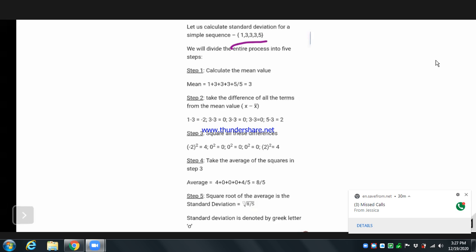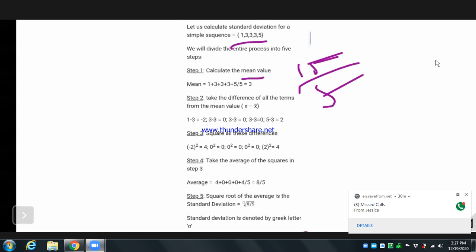So we follow these steps. First, calculate the mean. The formula for mean is sum of data divided by number of data. Here there are 5 values, so we add them and divide by 5. We get 15 by 5, which is equal to 3.